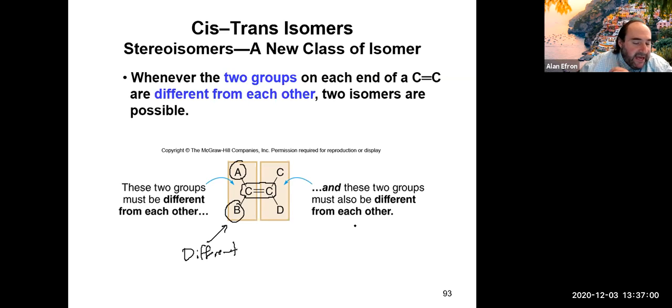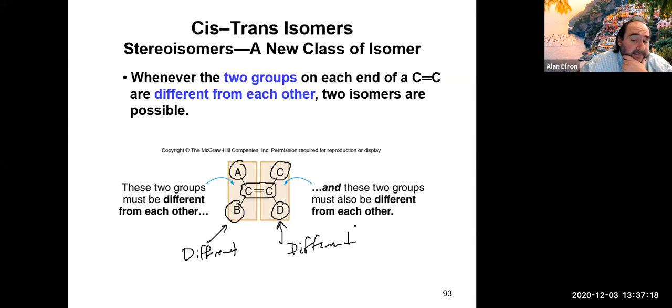They cannot be the exact same thing. Same thing on the other guy: the C and the D also need to be different. So you cannot have the exact same group on the exact same carbon in a double bond and have cis or trans occur. They do have to be different.